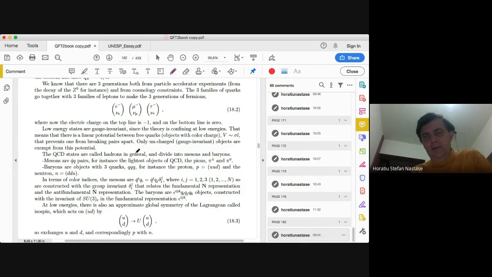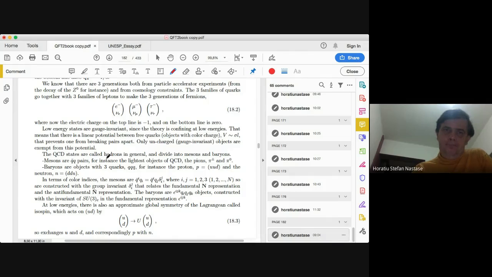That prevents breaking them apart. So only uncharged, that is gauge invariant, objects don't have this potential, because this potential acts on something with charge.